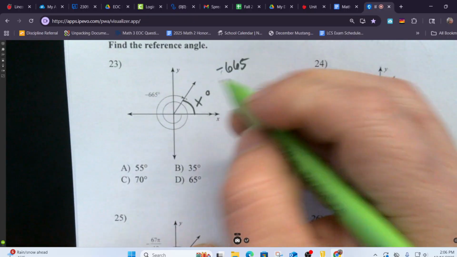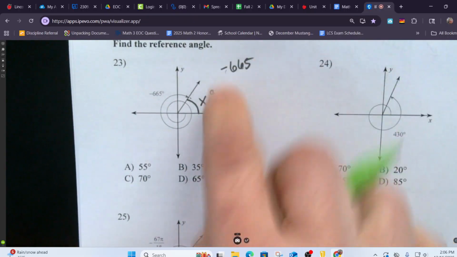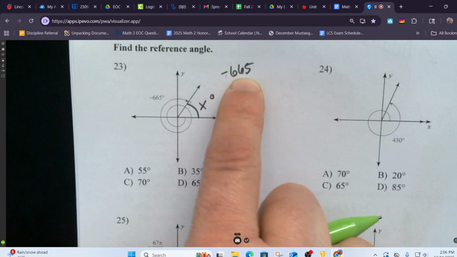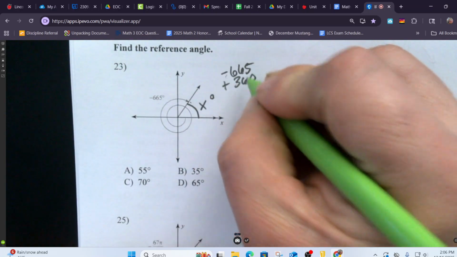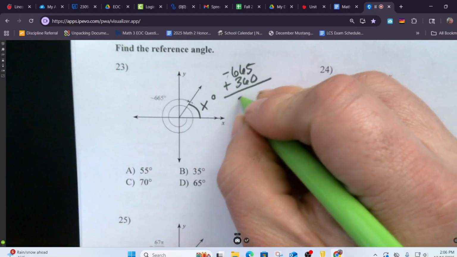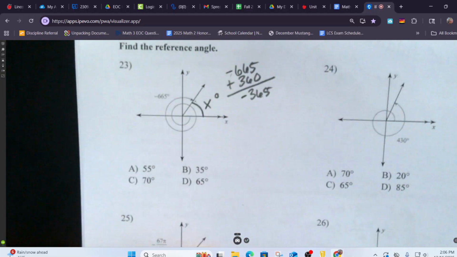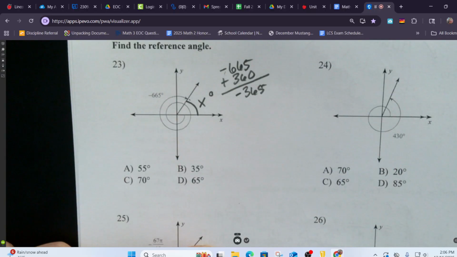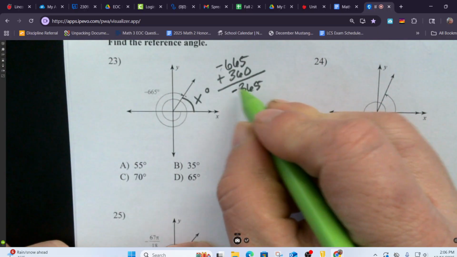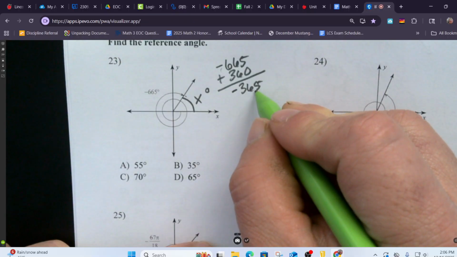We take negative 665. Now, guys, this is more than one rotation. If I add a rotation back, it's going to work good or not.